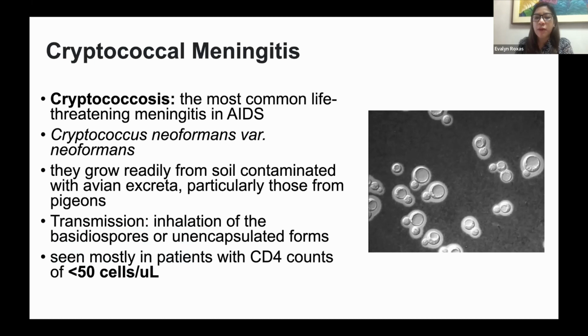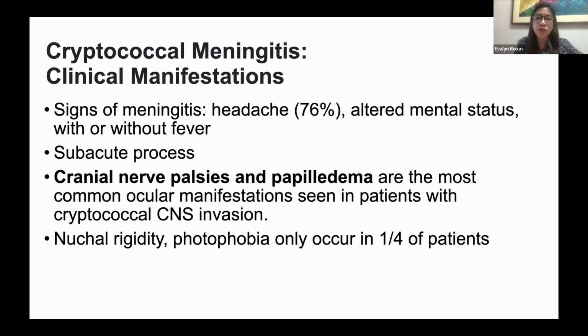It's caused by Cryptococcus neoformans, which is another fungal pathogen. Seen mostly in patients with CD4 count of less than 50 cells per microliter. If the CD4 count is less than 50 and patients present with neurologic symptoms, then you have to rule out cryptococcal meningitis. So the most common presentation is headache in 76% of the time.